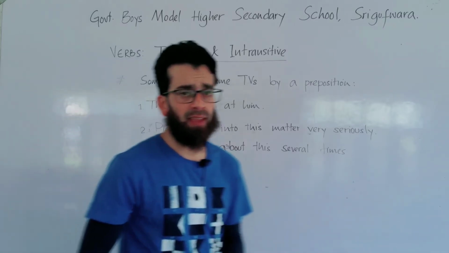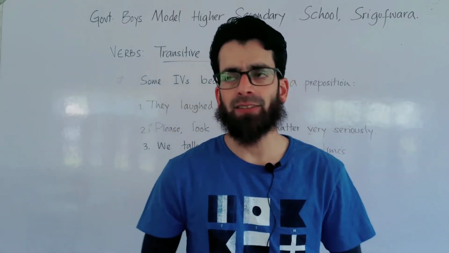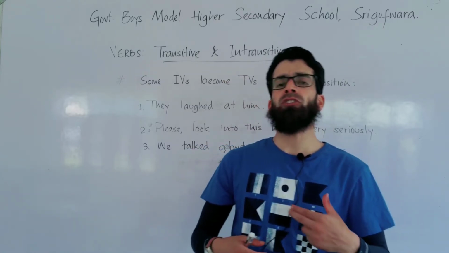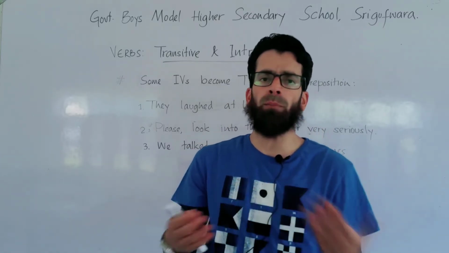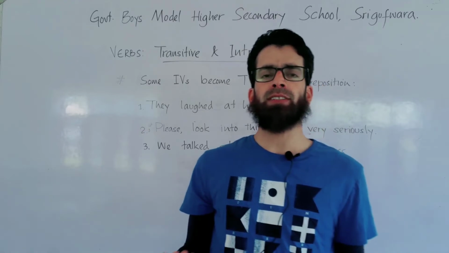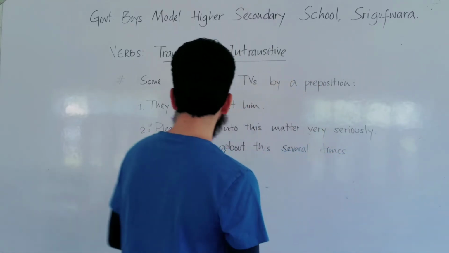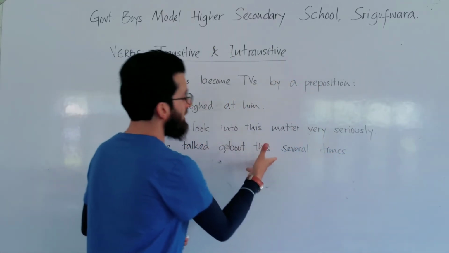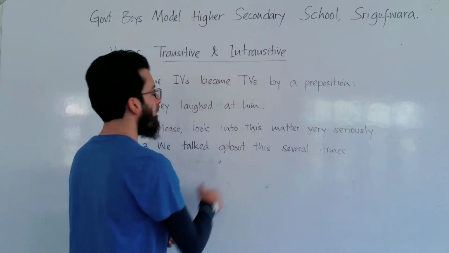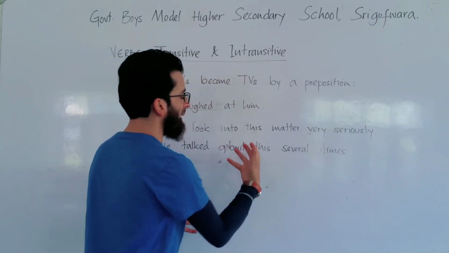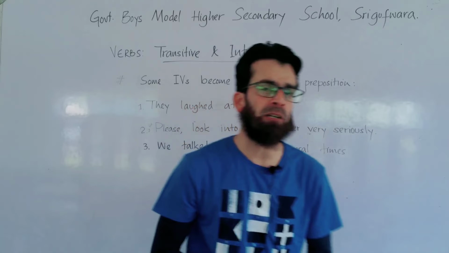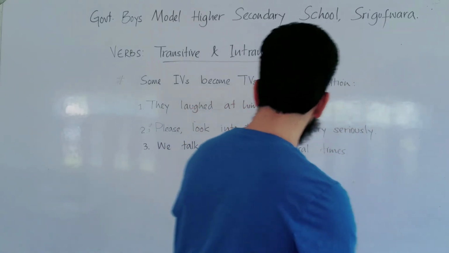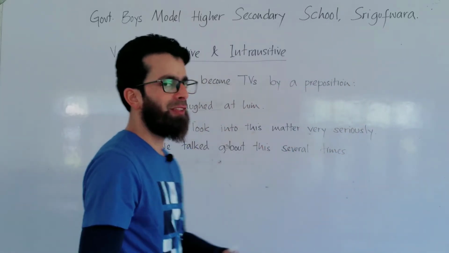And talk, if I say I talk, is a verb, an action which is complete, which is over within the speaker. But here when I say we talked about this several times, about is a preposition and it is followed by this. It is a pronoun and hence functions as the object of the talk.